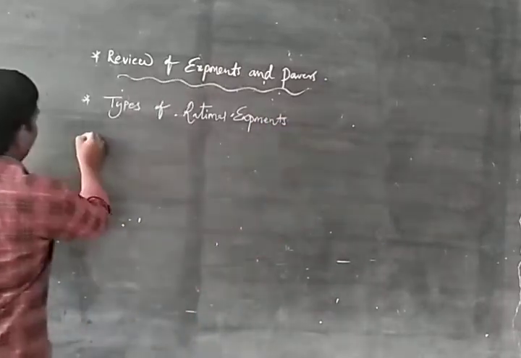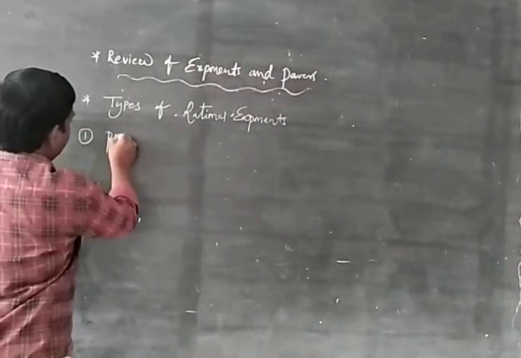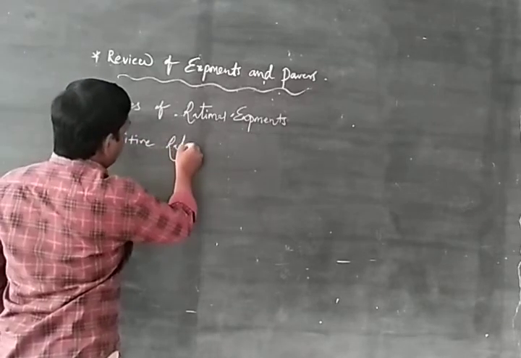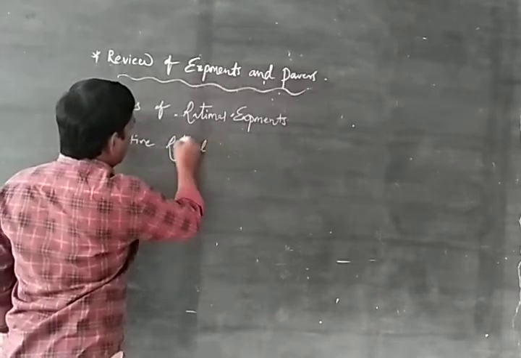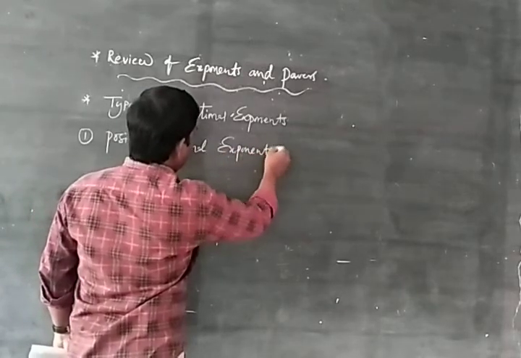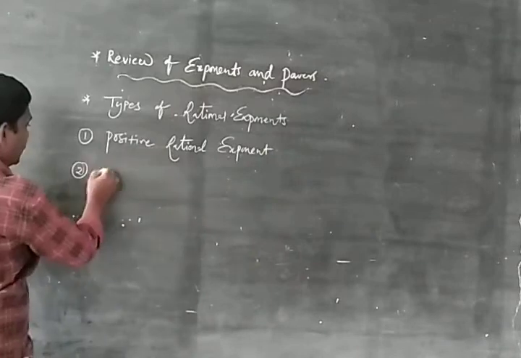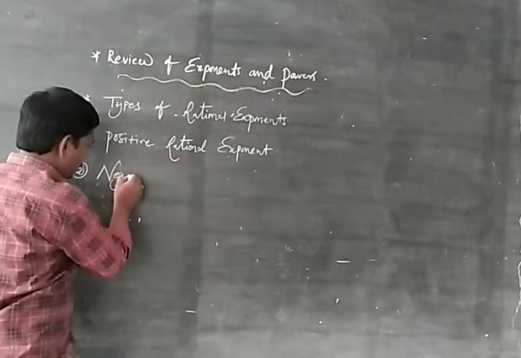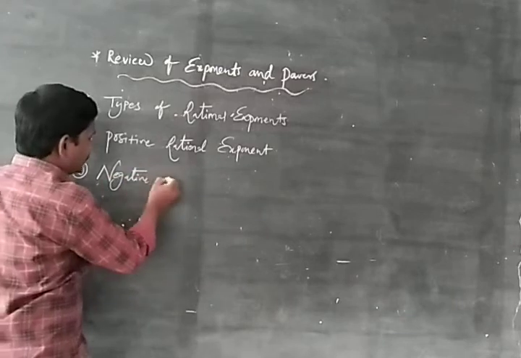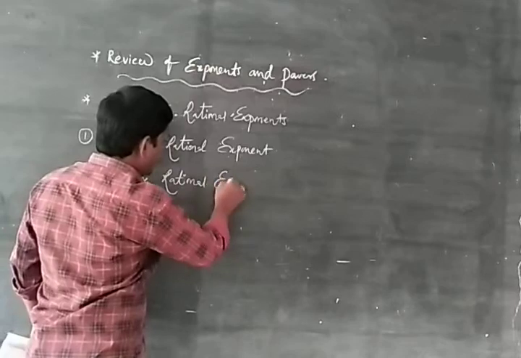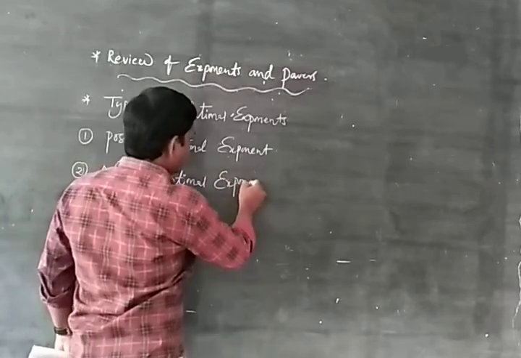There are two types of exponents: positive rational exponent and second one negative rational exponent.